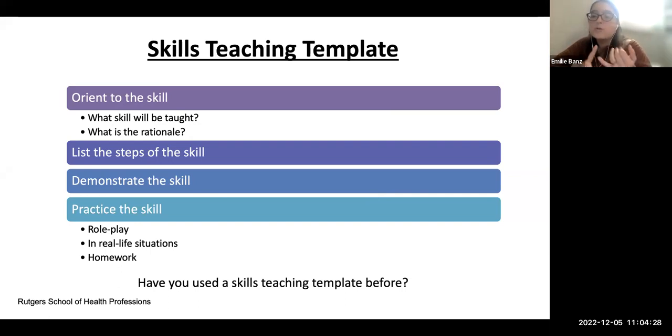What are the pros of learning the skill? What are the cons of learning the skill? What are the pros of not learning the skill? What are the cons of not learning the skill? I'm really exploring that ambivalence with the person, because using skills is an intervention that's used in an action-based stage of change. It's not an intervention used in somebody who's in a pre-contemplation or contemplation stage of change.